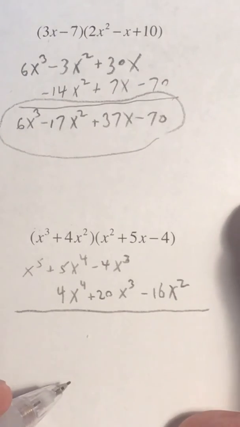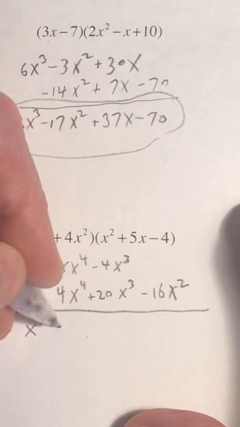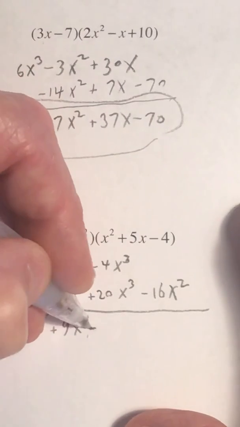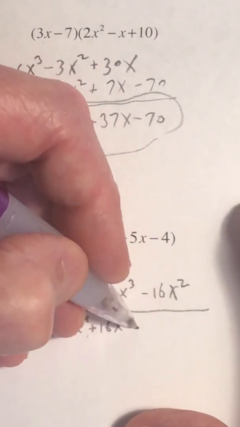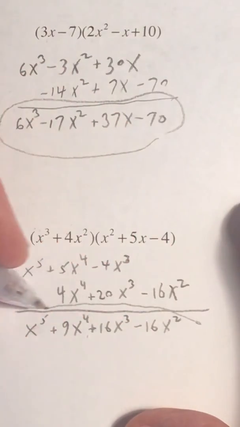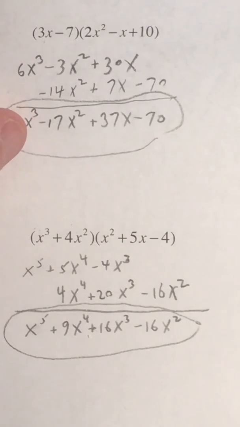And now we're ready to add. We got 1x to the 5th plus 9x to the 4th plus 16x cubed minus 16x squared. Okay.